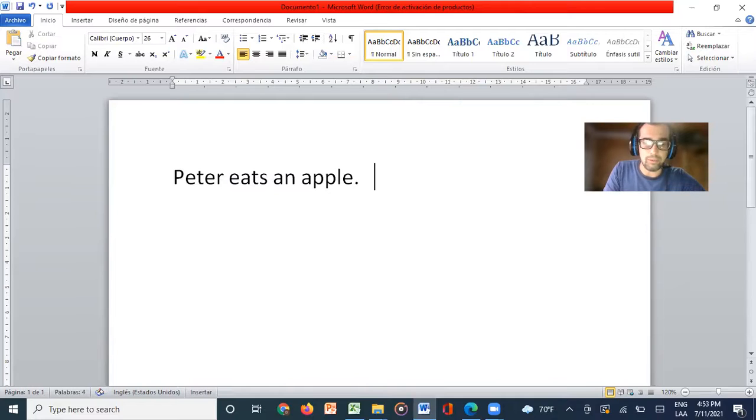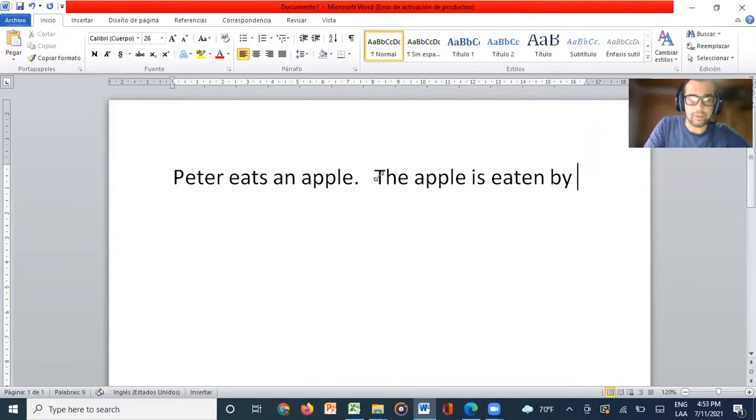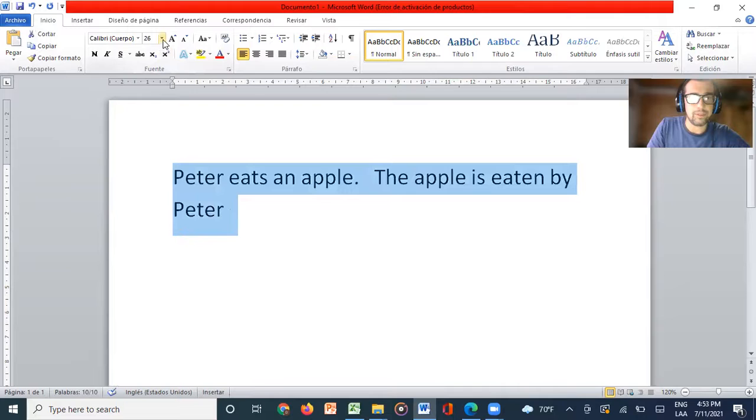So the passive will be the apple, I will say, see here, is eaten by Peter, right?